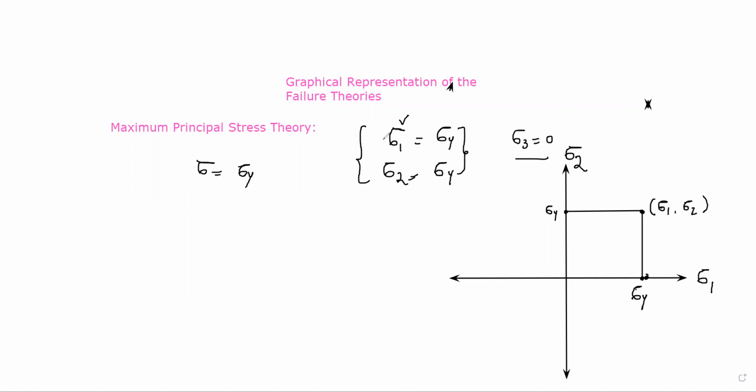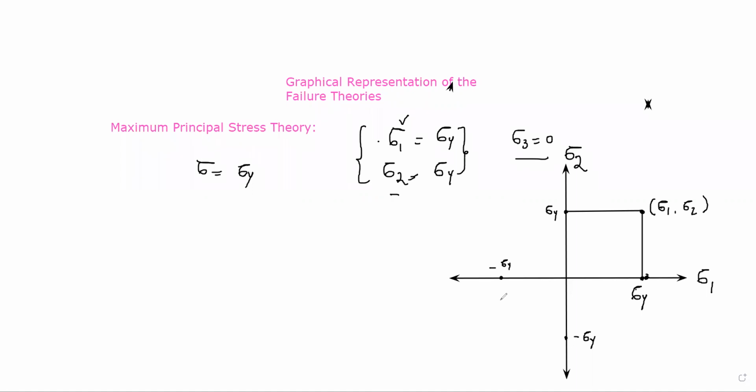that is, if sigma 1 is negative, compressive, and sigma 2 is negative, this point over here represents minus sigma y, and this point represents minus sigma y. The state of stress in case of compression should also be such that neither minus sigma 1 nor minus sigma 2 should exceed the value of sigma y.